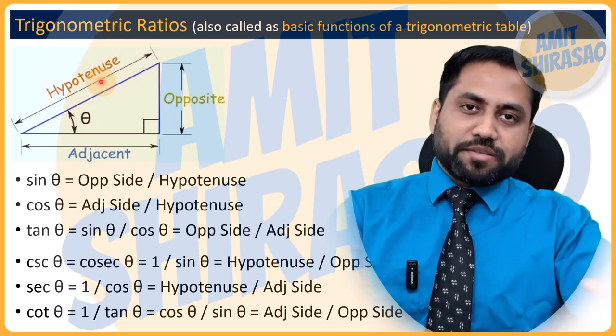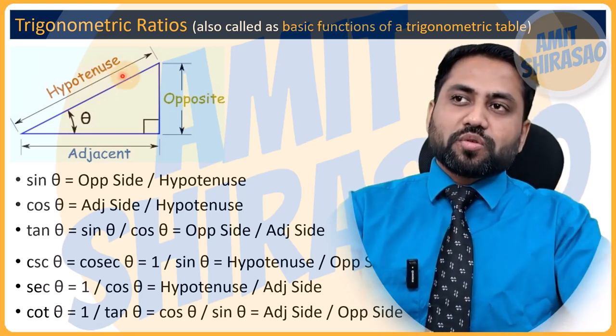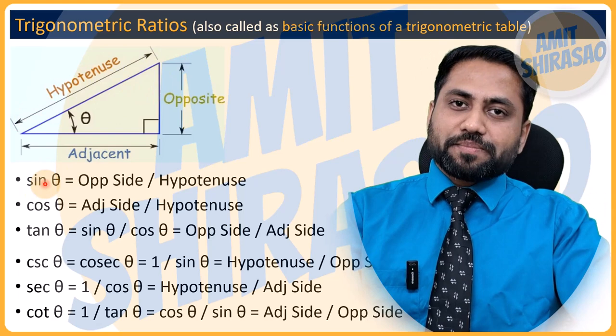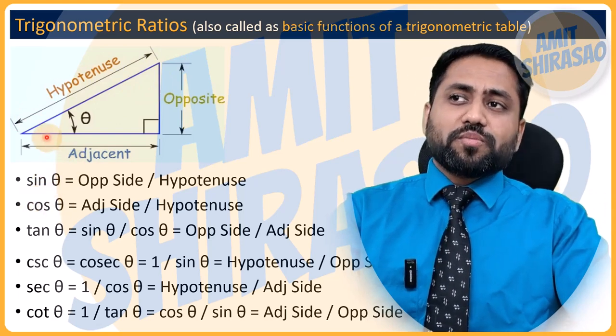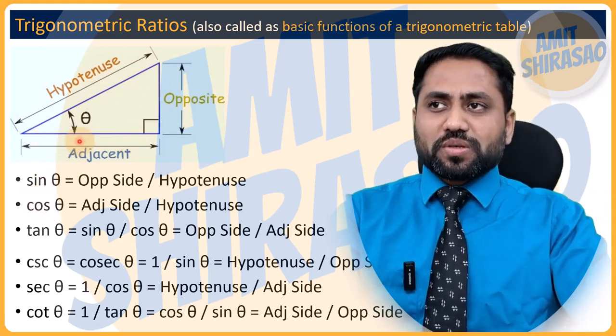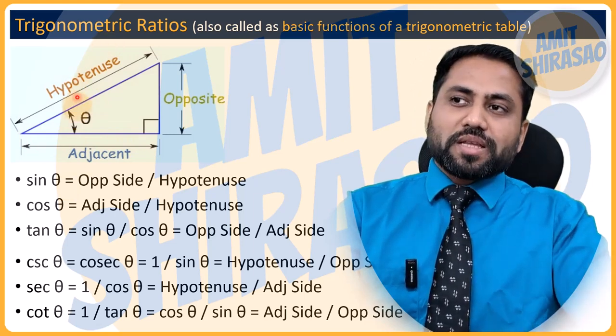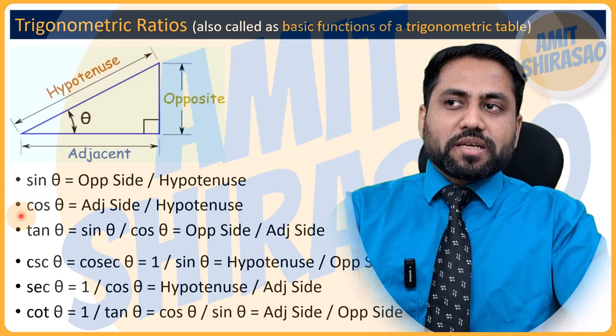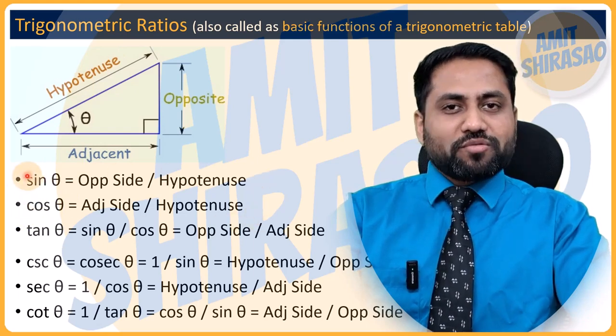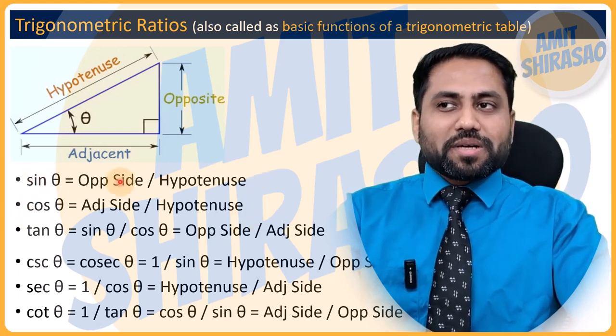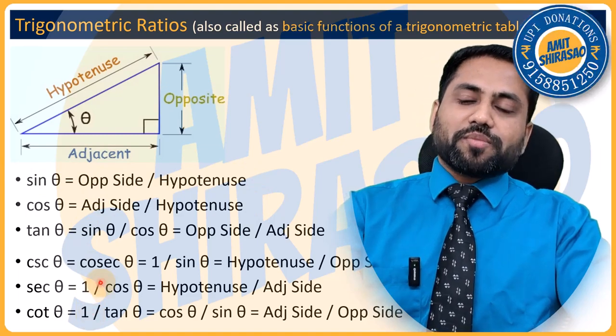It does not have a unit. So 3 by 5 is sine theta. Similarly, cos theta would be, let us say this is 2 centimeter, so it is 2 centimeter by 5 centimeter, so 2 by 5. That will be cos. Till here you should remember sine and cos. You have to remember these two formulae, but for all the other formulae I'll give you tricks to remember them.